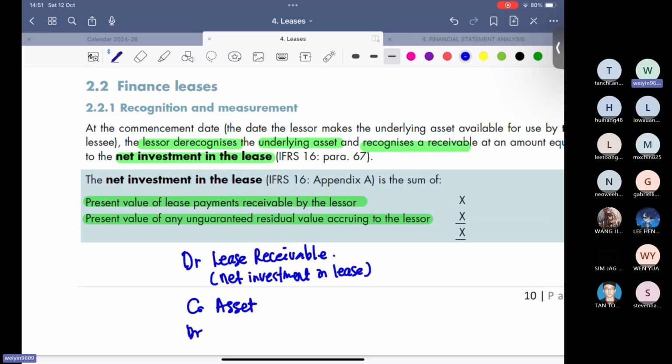Any differences, debit or credit, if you have, go to the P&L. You will consider it as you dispose of, and then the people will make the payment to you on an annual basis. So when it's considered disposed of, you need to de-recognize your asset. Consider you sell, right?